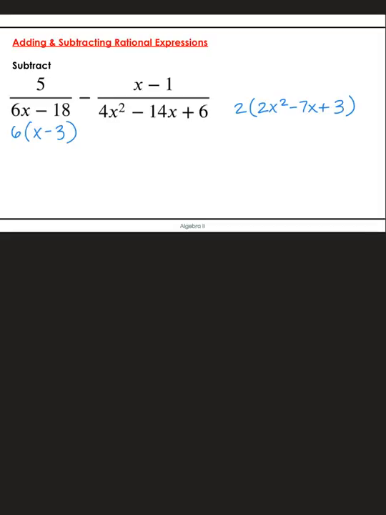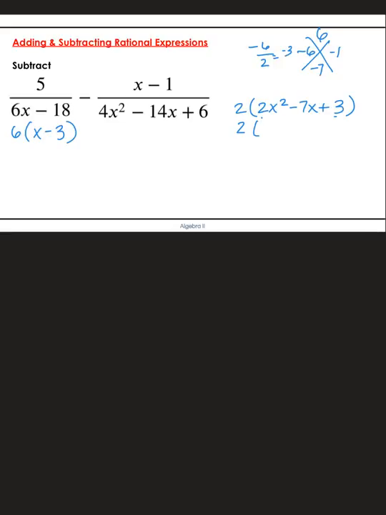All right. So then I need to figure out, well, what multiplies to give me 6, because that's 2 times 3, and adds to give me negative 7. So that's going to be a negative 6 and a negative 1. So I have 2 times negative 6 over 2 is negative 3.